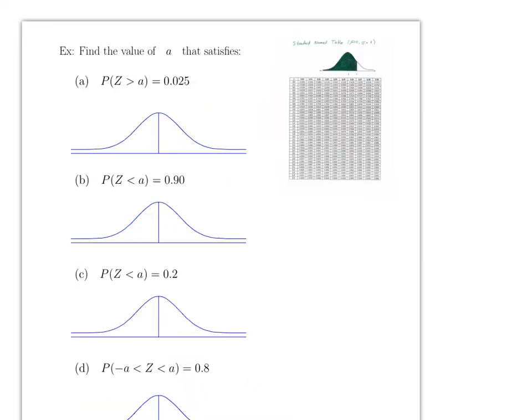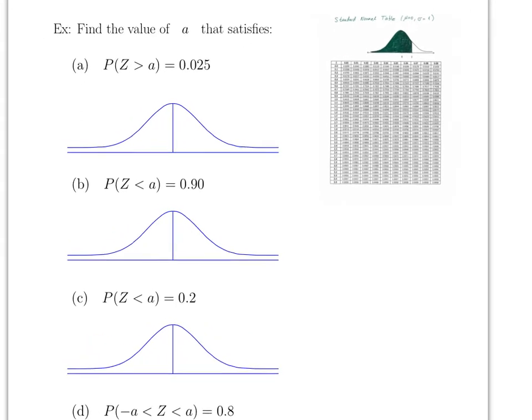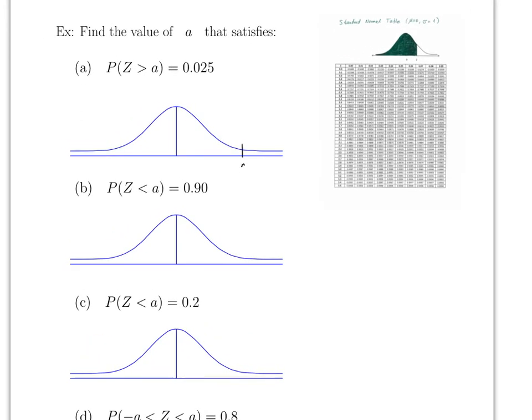Okay? Now we're going to do the opposite, or the inverse. These questions already tell you what the probability is. So your job is to figure out where these probabilities came from. For example, this one says that there is a value of A somewhere here, where the green area, because it's the area to the right, is equal to 0.025.